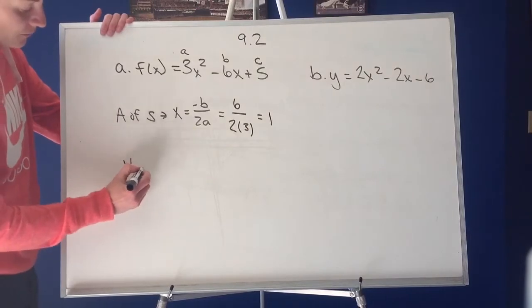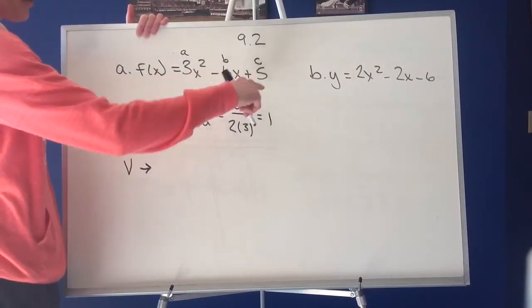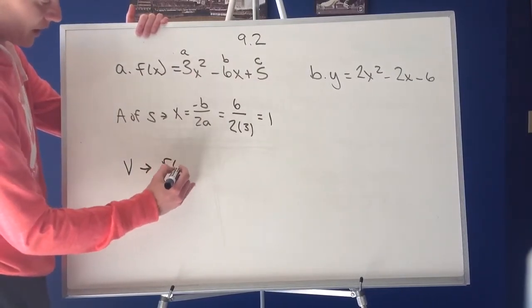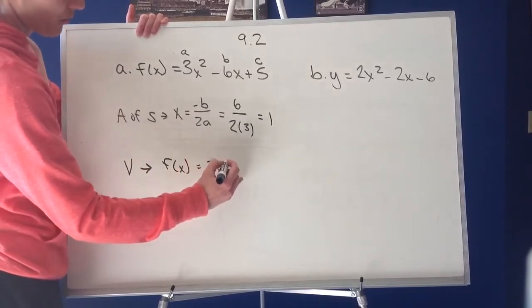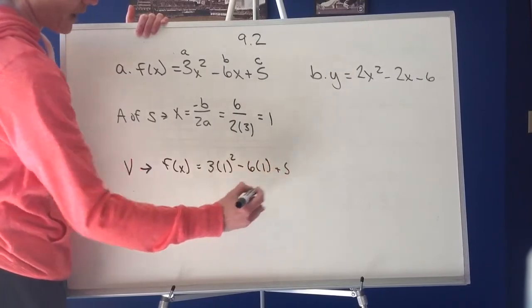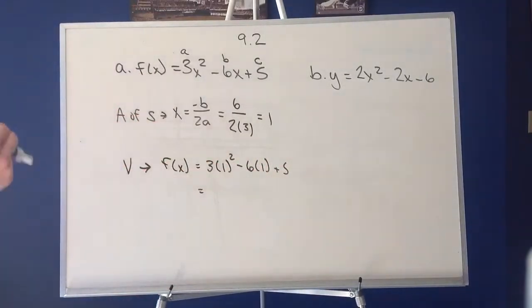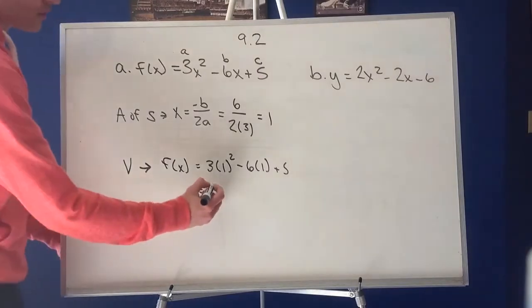Then to find the vertex, you're just going to take the 1 and plug it in for the x values. So what I'll end up getting is f of x, which we know is the same as y, 3 times 1 squared, minus 6 times 1 plus 5. All you have to do is put that in the regular screen on the calculator, not the y equals screen, and you'll end up getting 2.